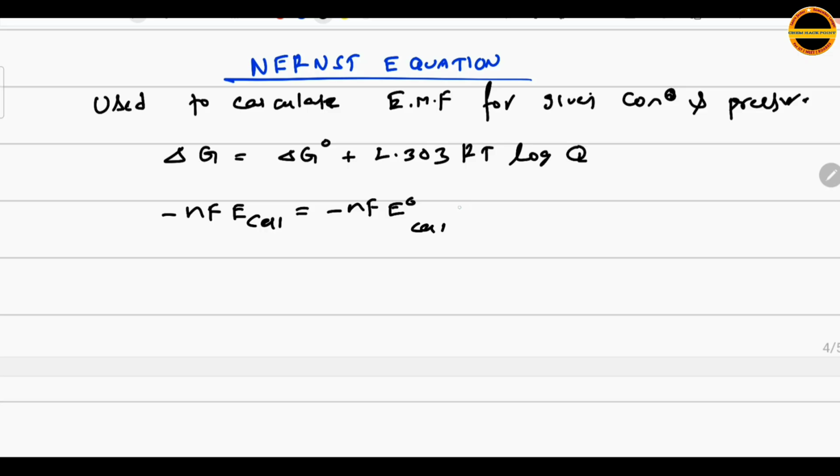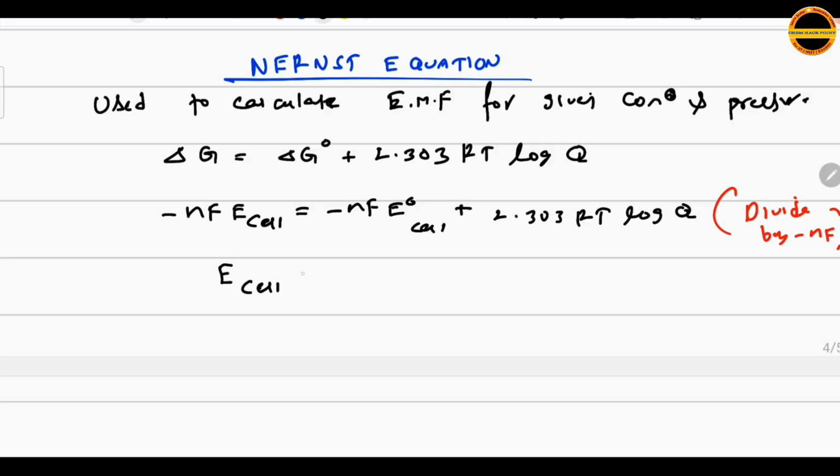Divide the equation by minus nF, and we get E cell is equal to E naught cell minus 2.303 RT by nF log10 Q.